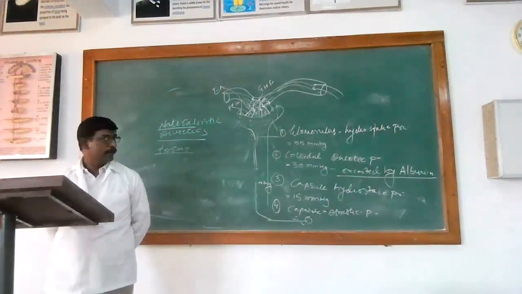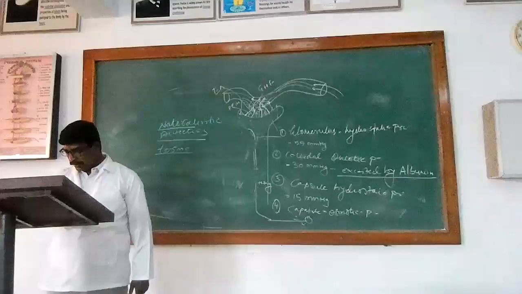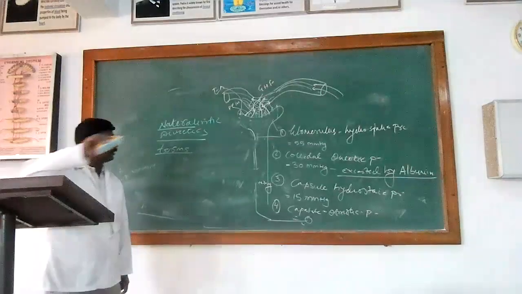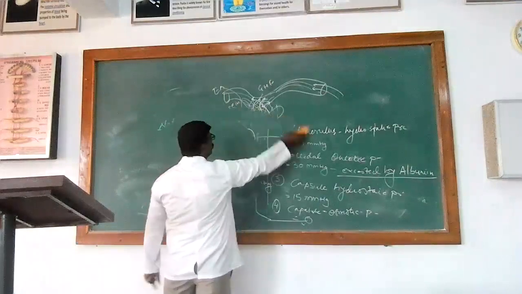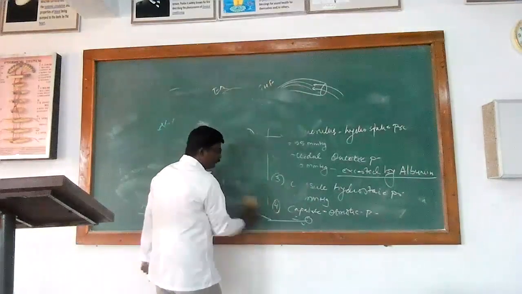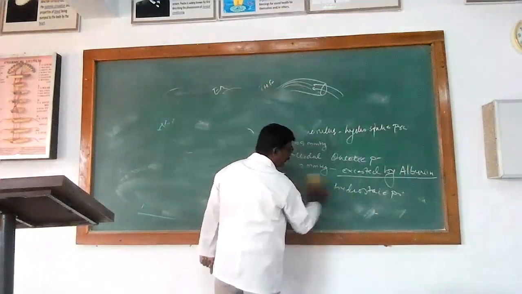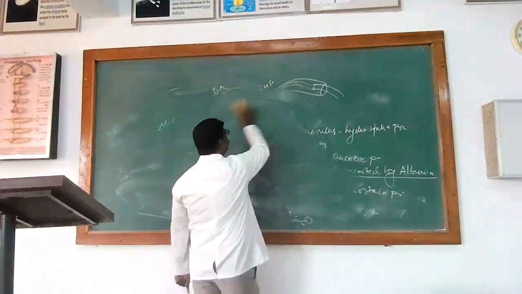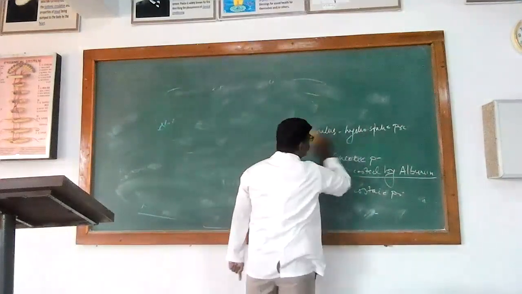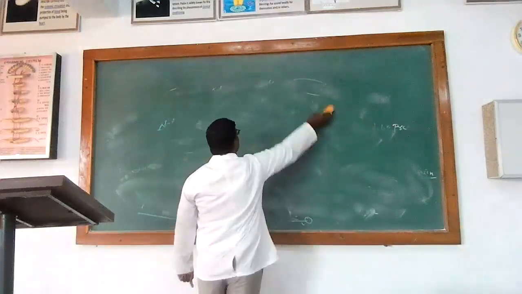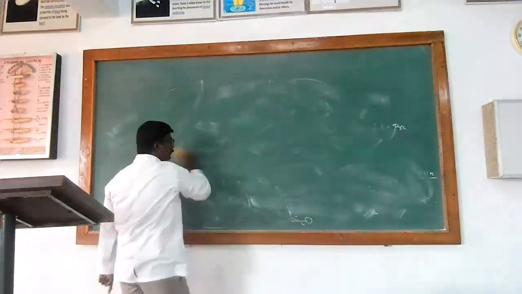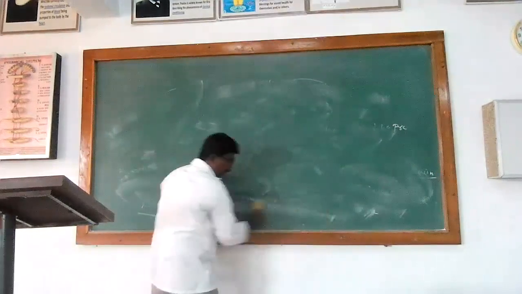I will try to draw one diagram of the nephron. Again and again we have to draw this nephron and study the different functions of different segments of the nephron.